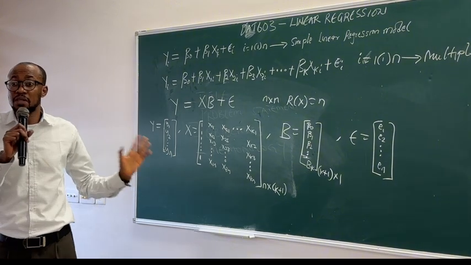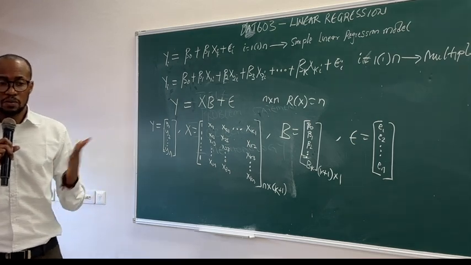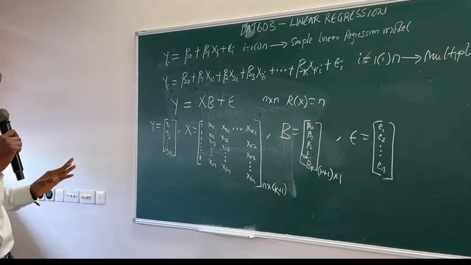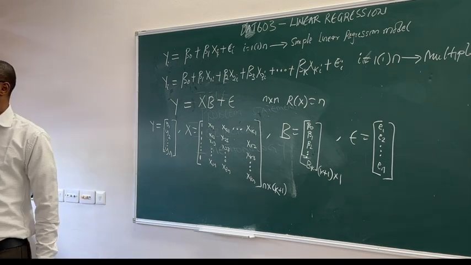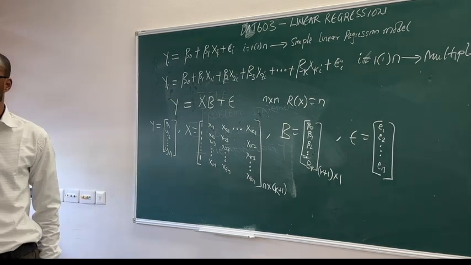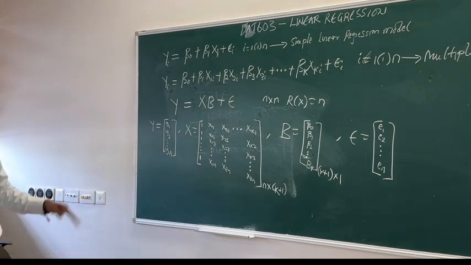It's very easy, and as we're going to be finding proofs for some of the things we need, you discover that working with the matrix approach is way easier than using the scalar representation of the model. So this is what we have.